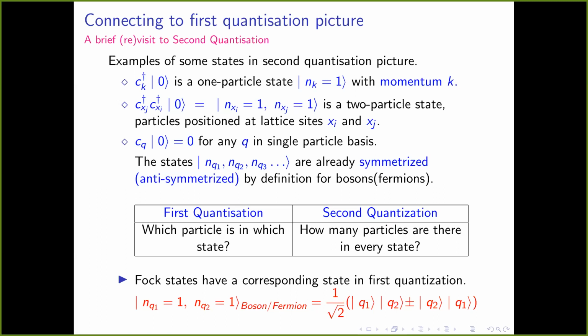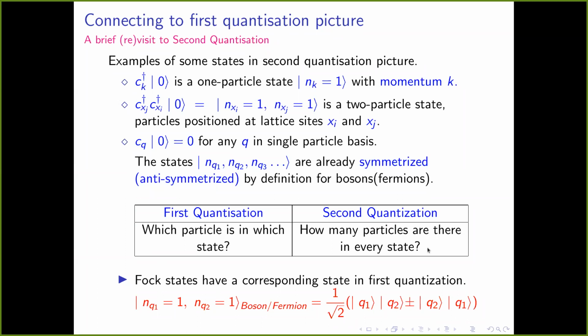So here is a comparison of first quantization and second quantization. In first quantization, we specify which state each particle is in, and in second quantization, we don't look at the particles individually, but at how many particles are in every single particle state. So here is the correspondence between states.